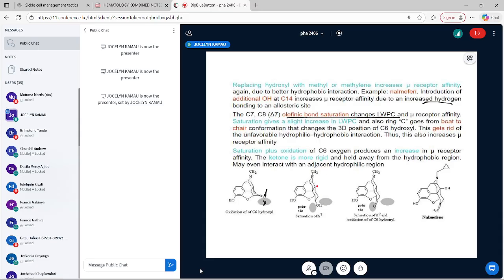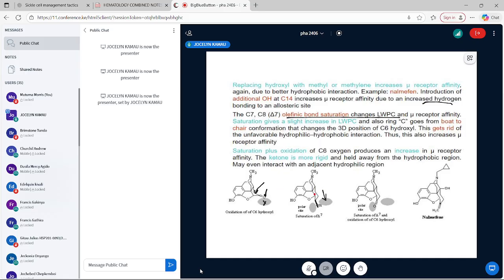Now look at this. What have we done here? We have saturated that bond. We have changed from boat conformer to chair conformer. And can you see what happens? That the hydroxyl group, because this is now the dihydromorphine, the hydroxyl group has shifted completely. That is the lipophilic center. It has shifted completely, and you can see it's in the middle here. So we have now removed the unfavorable hydrophobic, and the hydroxyl group can go to its own area where it can interact with the hydrophilic areas and therefore give us better activity.